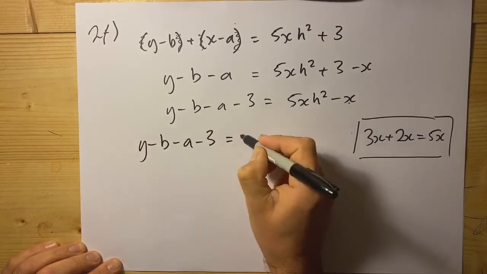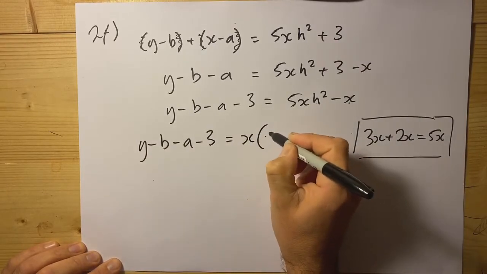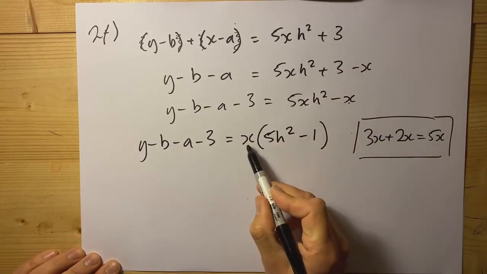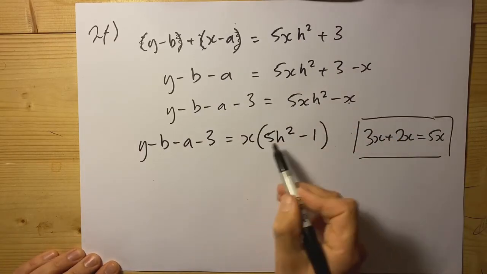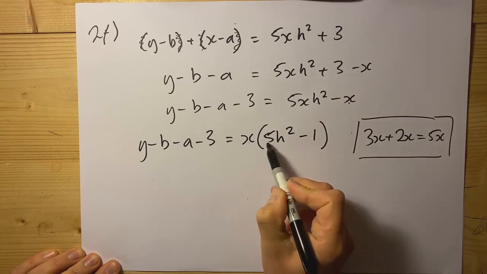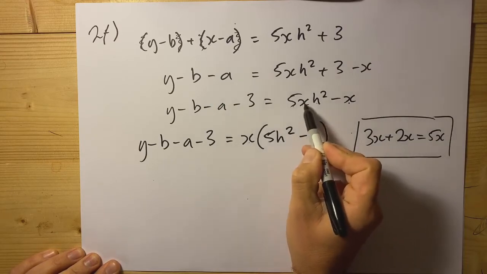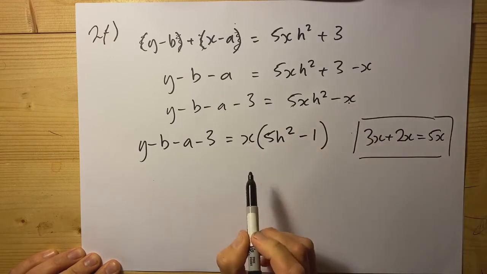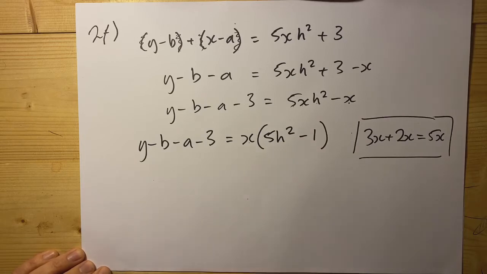What we can do is take an x outside of the brackets and say 5h squared minus 1. So if we multiply this out of the brackets again, we should get back exactly what we've got here. X times 5h squared is 5x h squared. X times minus 1 is minus x. Okay, so that's factorization, and we're going to get some practice of that on the next worksheet.